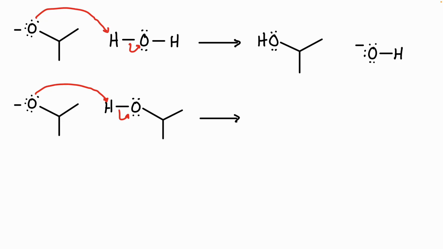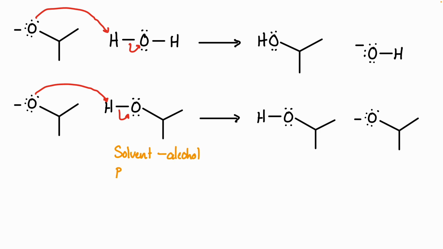What's my product going to be? Same thing. If isopropoxide reacts with isopropanol, I get isopropanol and isopropoxide. So our alcohol that we're going to use, our solvent, is going to be an alcohol that is our protonated base.